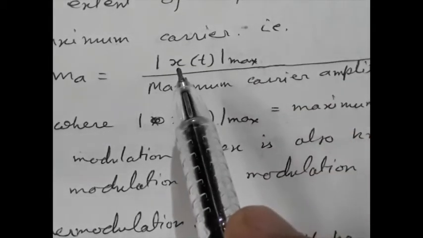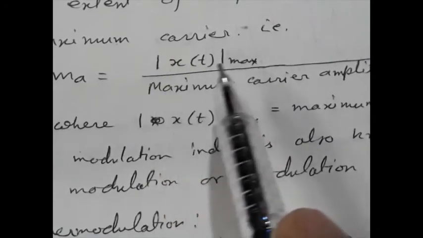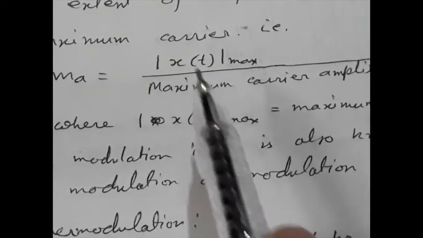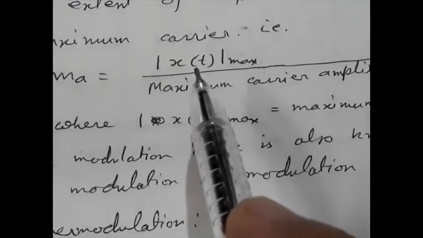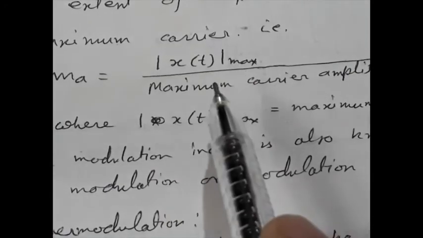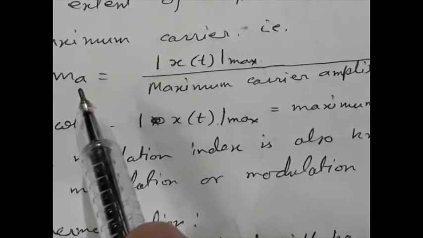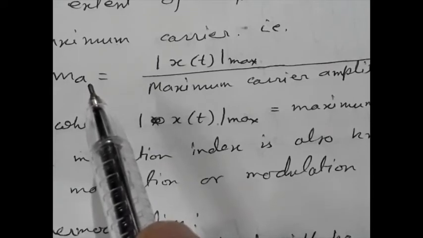Now generally x(t) is made smaller compared to the maximum carrier amplitude. So this numerator is lower than the denominator. So mu A, the modulation index, most of the time is less than 1.